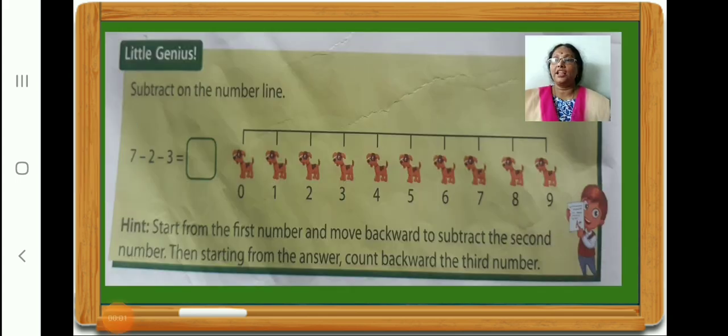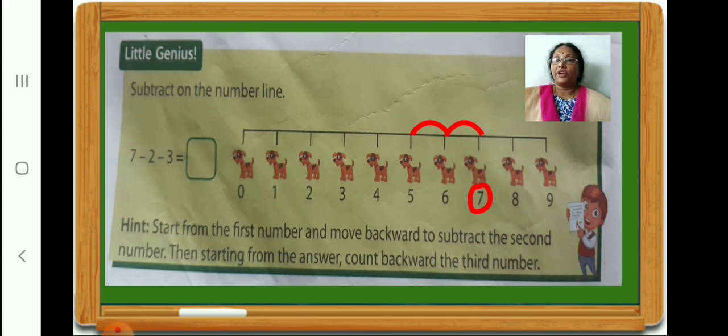Now let us do little genius on the same page. Subtract on the number line. Let us do 7 minus 2 minus 3. Children, circle number 7. Now jump 2 times towards the left. 1, 2.